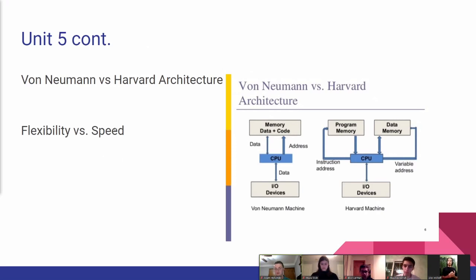So that's a lot less flexible. Whereas the von Neumann machine might be slower because only one thing can go through at a time, but it takes a lot less to apply the von Neumann architecture.